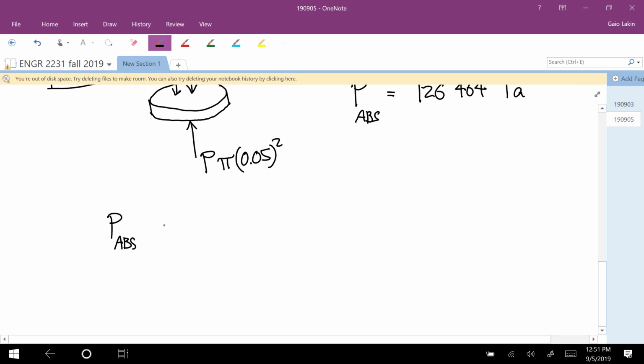the absolute pressure is the gauge pressure plus the atmospheric pressure.